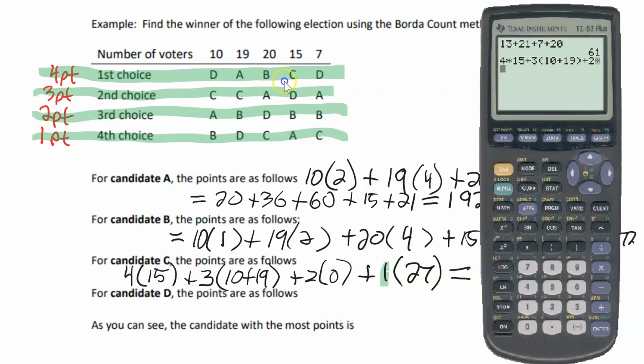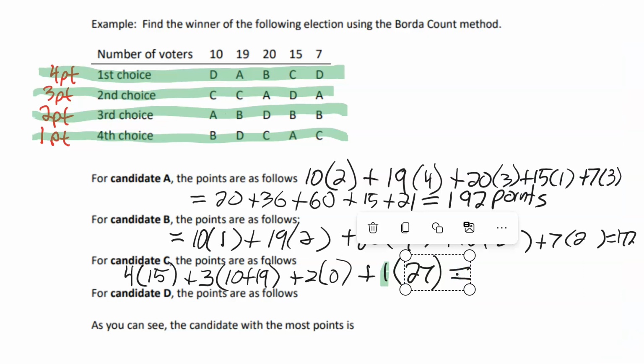You could write 2 times 0 if you'd like. It doesn't mess it up. And 1 times 27. We end up with the C candidate getting 174 points. Not votes, I said votes, points.